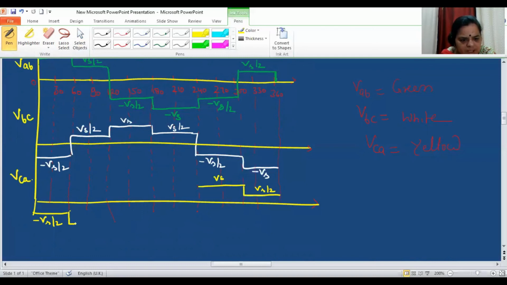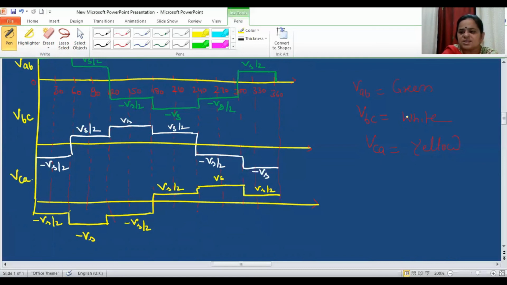After Vs by 2 it is having minus Vs, then minus Vs by 2, and then it will be having a value of Vs by 2. So this is how we will get the waveform for VCA.